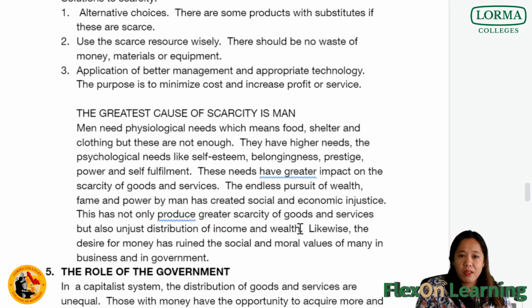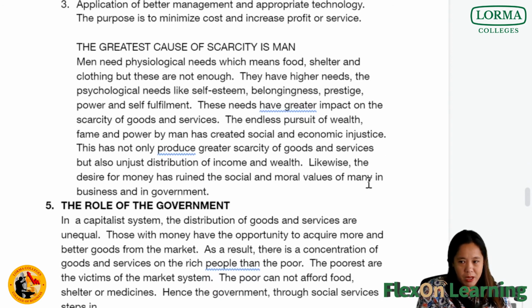That's why you see somebody with a car and a 10-story building, then you see somebody without anything at all in the streets. Likewise, the desire for money has ruined the social and moral values of many in business and in government. The presence of graft and corruption is in the news right now.